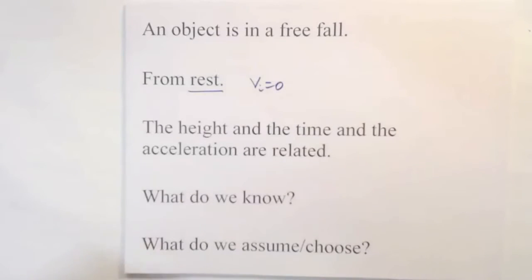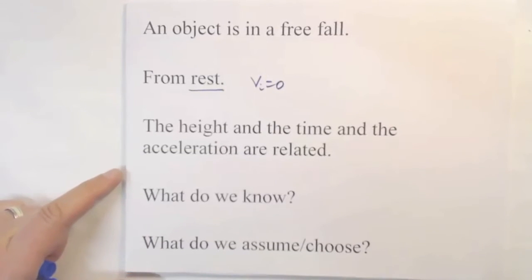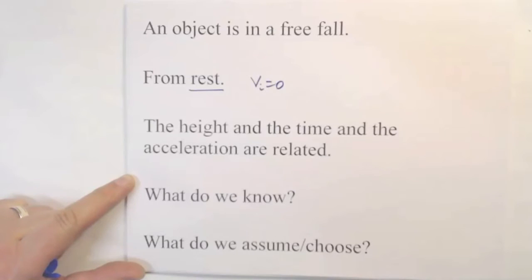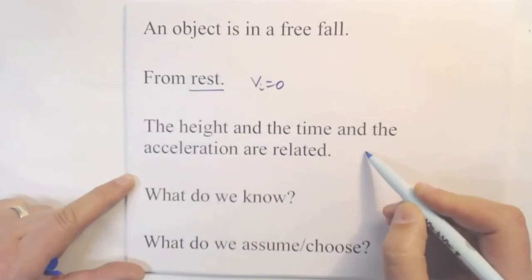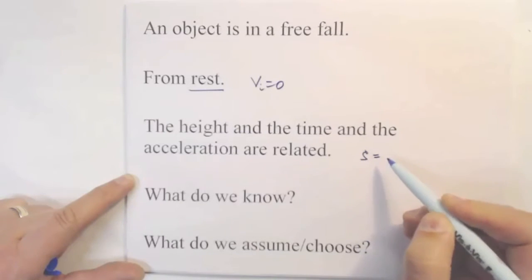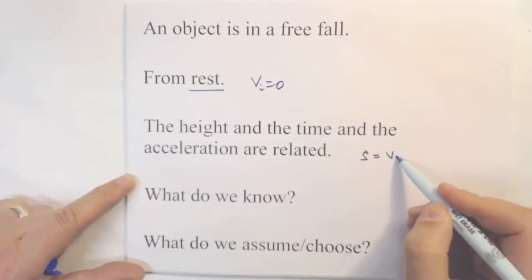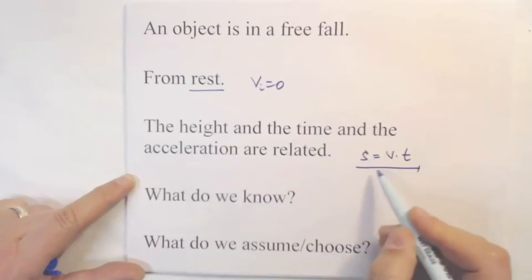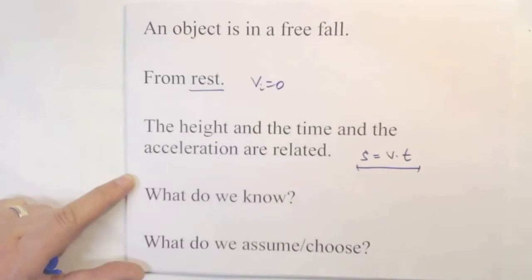How? Well, we could start thinking of equations, because every relationship in physics is represented by a certain equation. For example, I can write distance equals velocity times time. Can we use this equation?